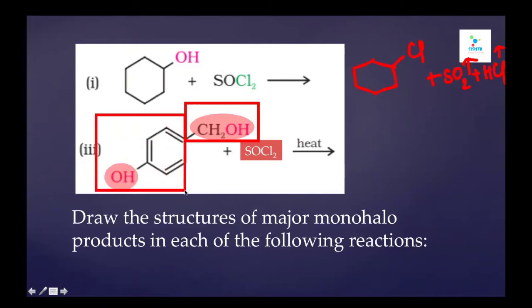But this particular OH cannot be replaced, since this is the aromatic alcohol, a phenol, and this one is the alcohol. So the product will be this one. This OH will be retained, and this one will be CH2, with the OH shifted to Cl.